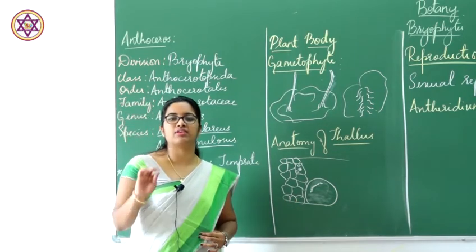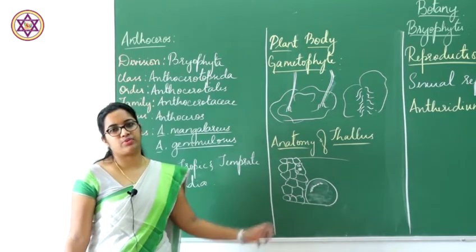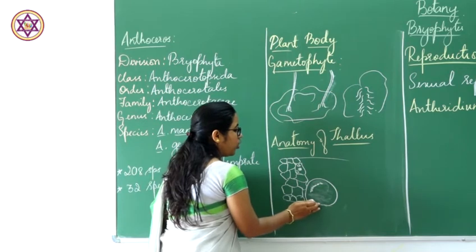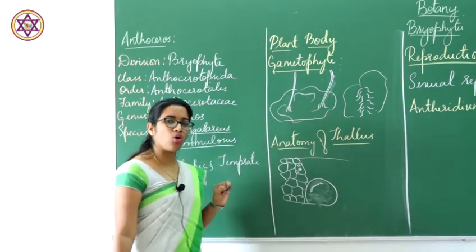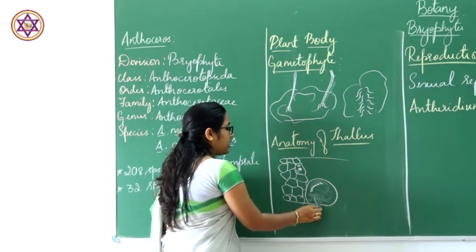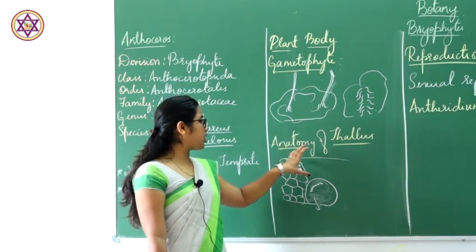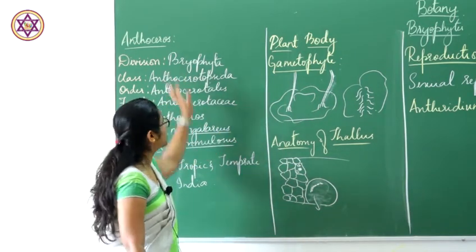That's the reason they give a bluish green color, and they have mucilage present in it. Okay, so there are minute pores or openings on the thalli called mucilage pores, through which these can move out. So that is the anatomy of the thallus structure of Anthoceros.